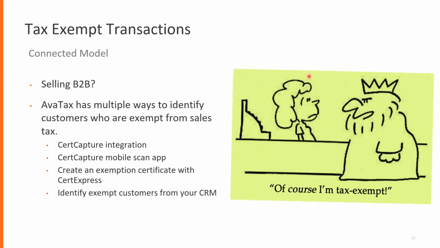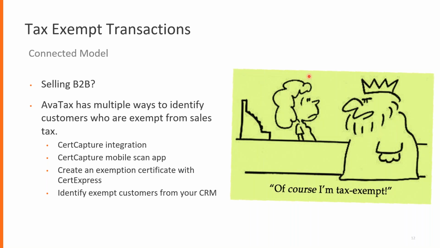Okay, three follow-up questions around exemptions. For a tax-exempt entity, what tax treatment difference is there between different exempt codes, entity use codes? There is a matrix on our help center that spells that out. You can find that link and we can get it to you.